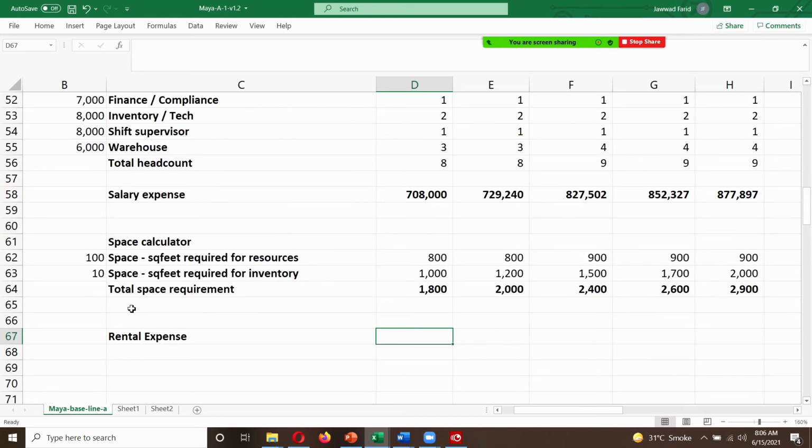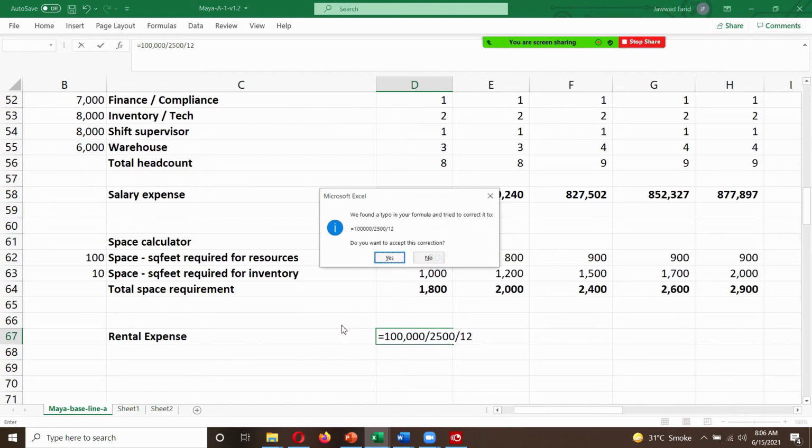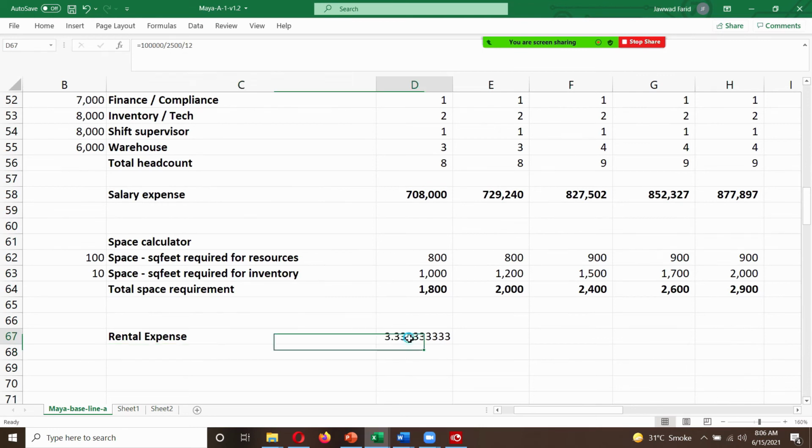So if I do 2,000, about maybe, how much is 100,000 per square feet? 100,000 divided by 2,500 square feet and divided by 12. So about say four dirhams per square feet per month, right? And if I remove the 12, it's about 40 dirhams per square feet per year.